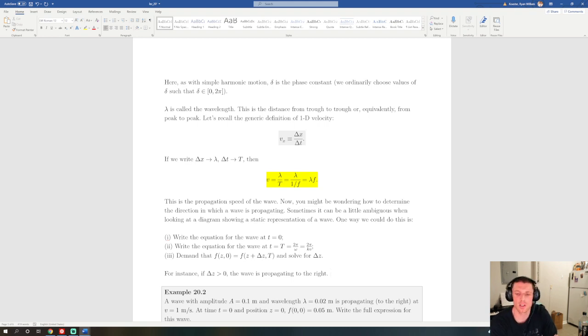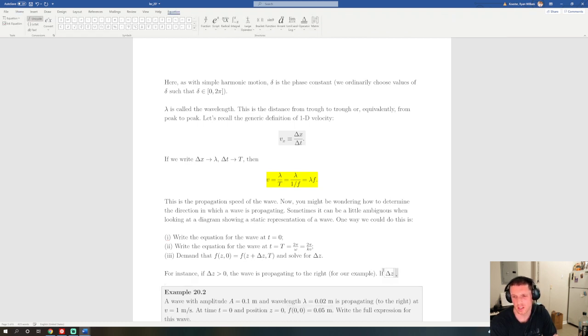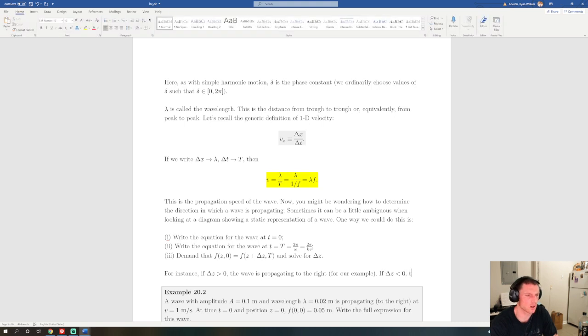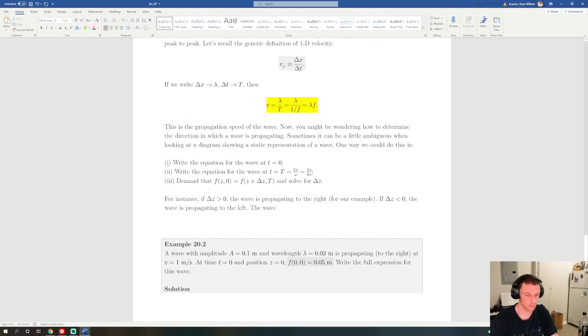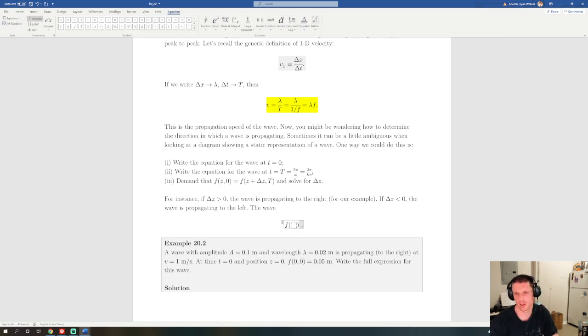So for instance, if delta z is greater than 0, the wave is propagating to the right, for our example, and if delta z is less than 0, the wave is propagating to the left. So let me finally say the wave f of z and t equals a cosine kz, and I think I'm being kind of sloppy here.